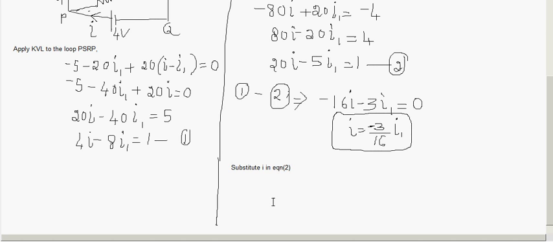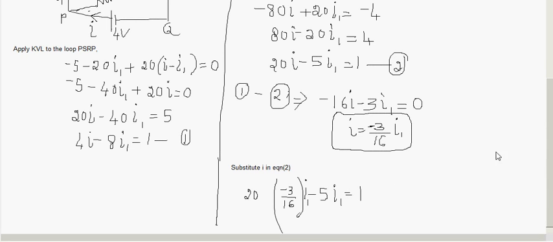So we get minus 20 into I, that is minus 3 by 16 I1, minus 5I1 equal to 1.